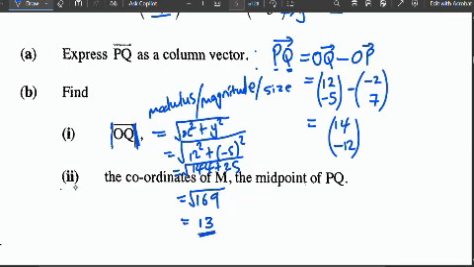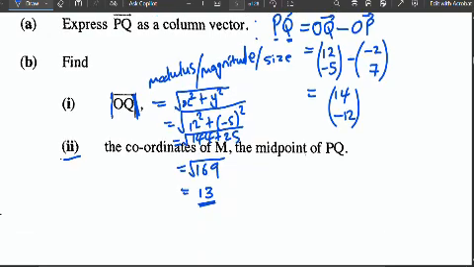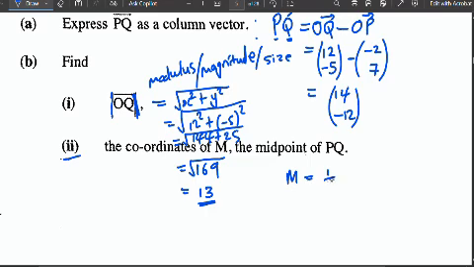Now item 2, the coordinates of M, the midpoint of PQ. So M is the midpoint of PQ, and midpoint means half.